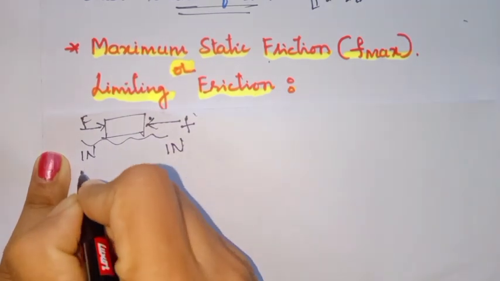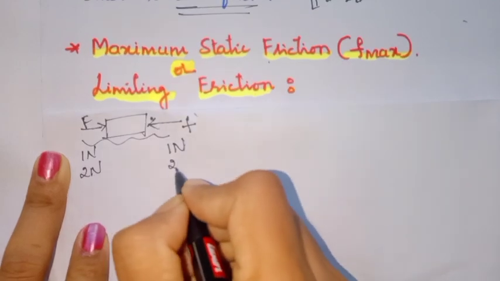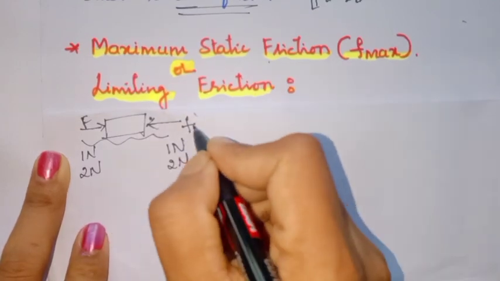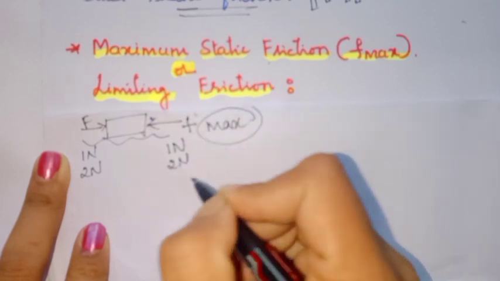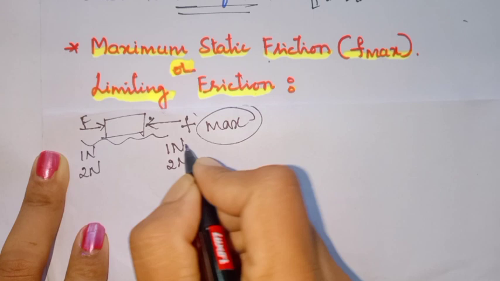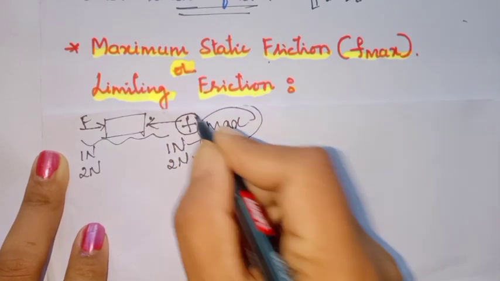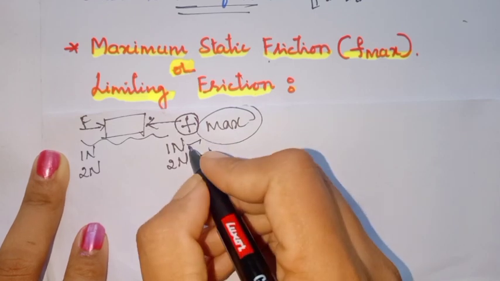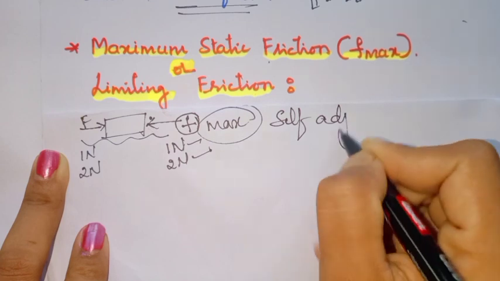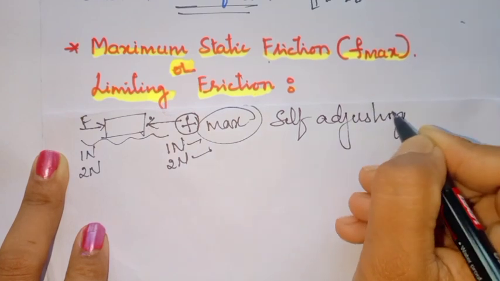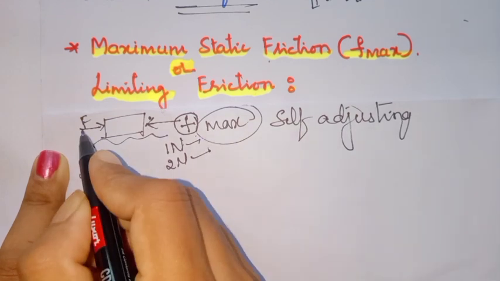If you apply 2 Newton force, then this friction will develop 2 Newton force, until it reaches the maximum value. It can develop the force by its own character. That is the characteristic of friction, which we call self-adjusting. So it adjusts its opposing force depending upon the applied force.